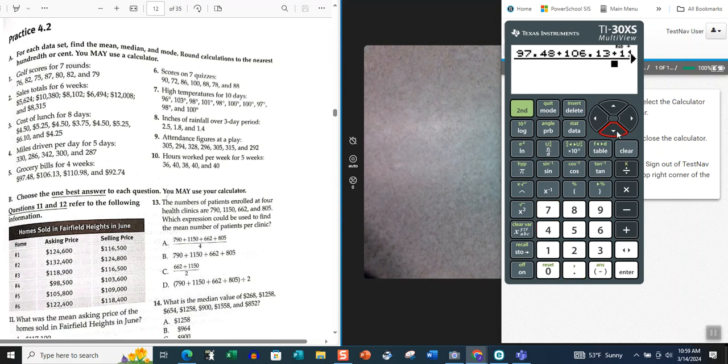Then we do the down arrow. It's 4 values, so 4 would be in our denominator. We'll press our right arrow, then we'll just press enter this time. And it gives us $101.83. So that would be our mean.